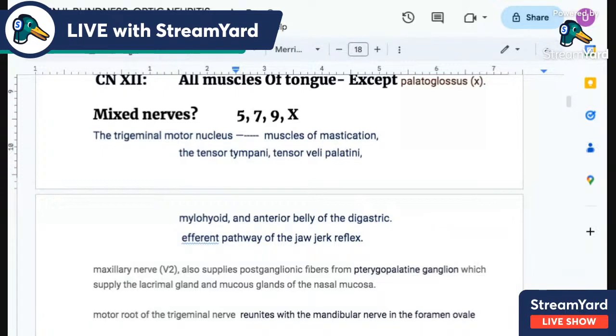And what about the posterior belly of the digastric? The posterior belly of the digastric is supplied by the facial nerve. Okay. And then we go to the facial nerve.